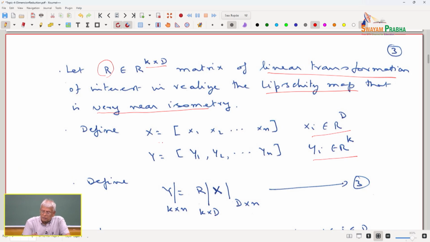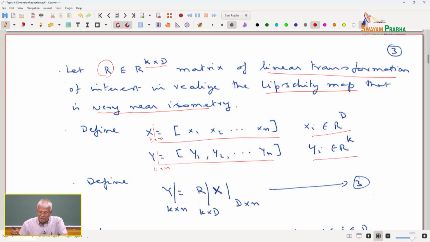So let this be the input matrix. Let this be the output matrix. Please understand, Y is K by N. This is D by N. The number of objects remains the same.